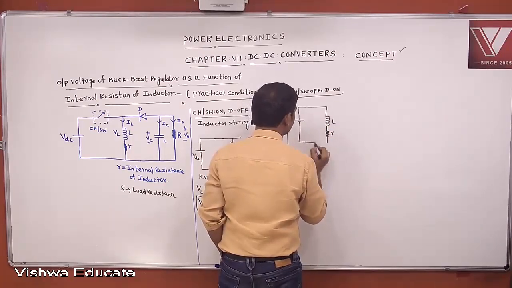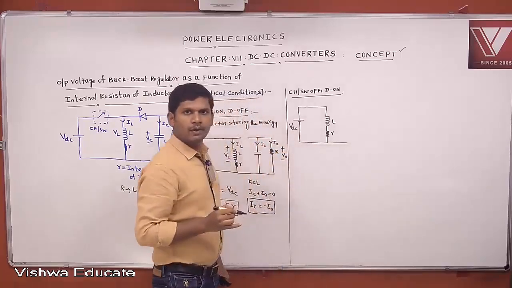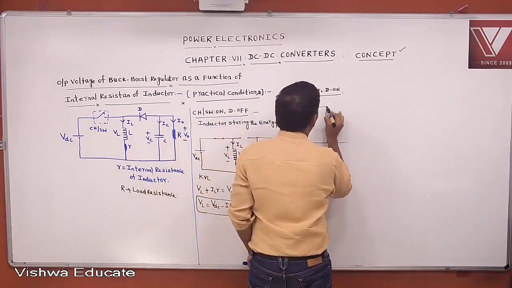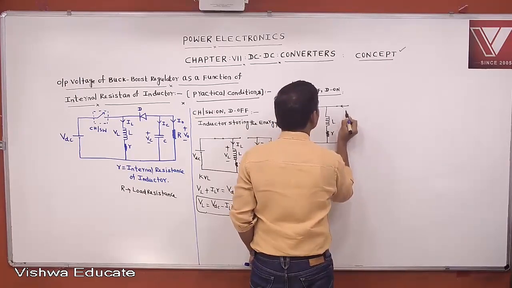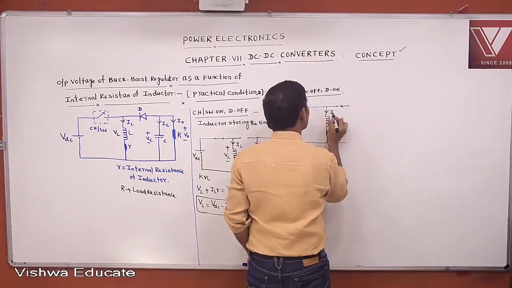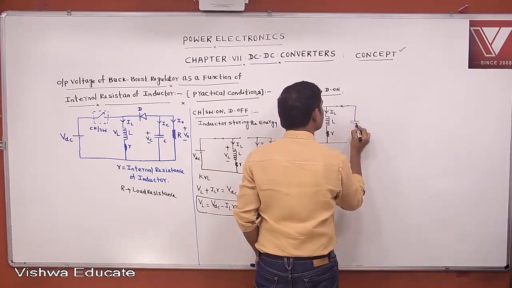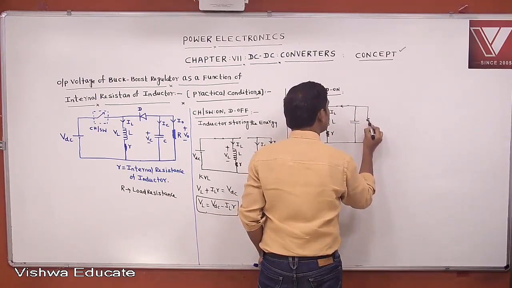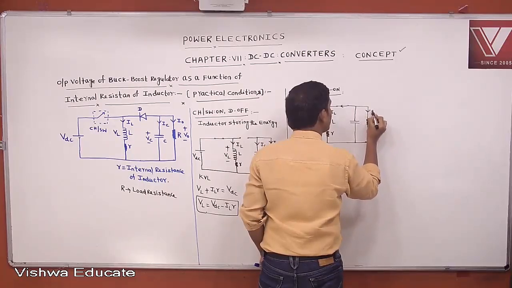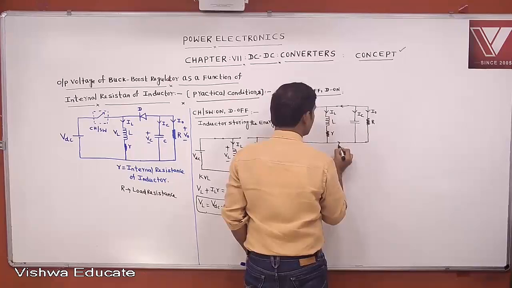This is L. This DC voltage is VDC. The diode is on, the inductor is releasing the energy. This is IL. And this one is the capacitor. The resistive load is R. This is I0, this is IC, and this is IL.